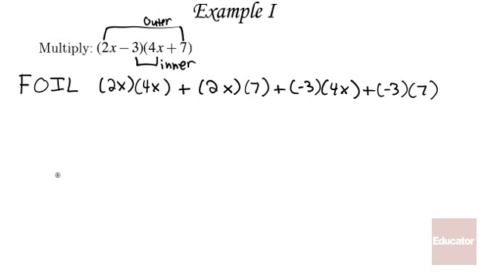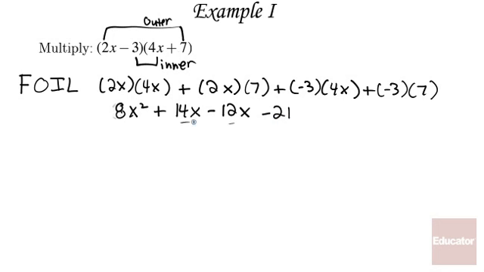Then I go ahead and I multiply. So this gives me 8x squared plus 14x minus 12x minus 21. But I'm not quite done yet because I have some like terms.